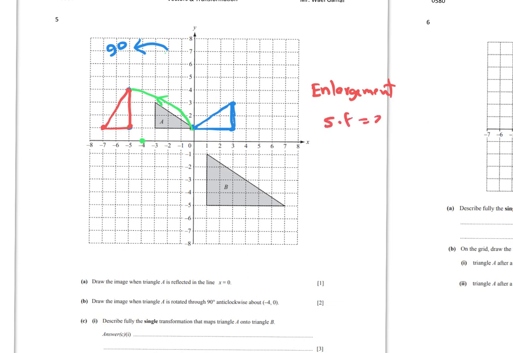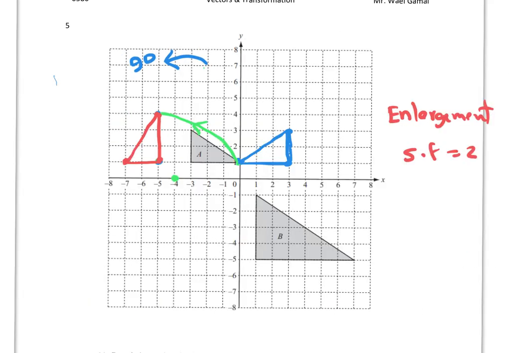How to find the center of enlargement? Find the center of enlargement, join between the point and its image. This is the point and its image. And one more line between the point and its image.